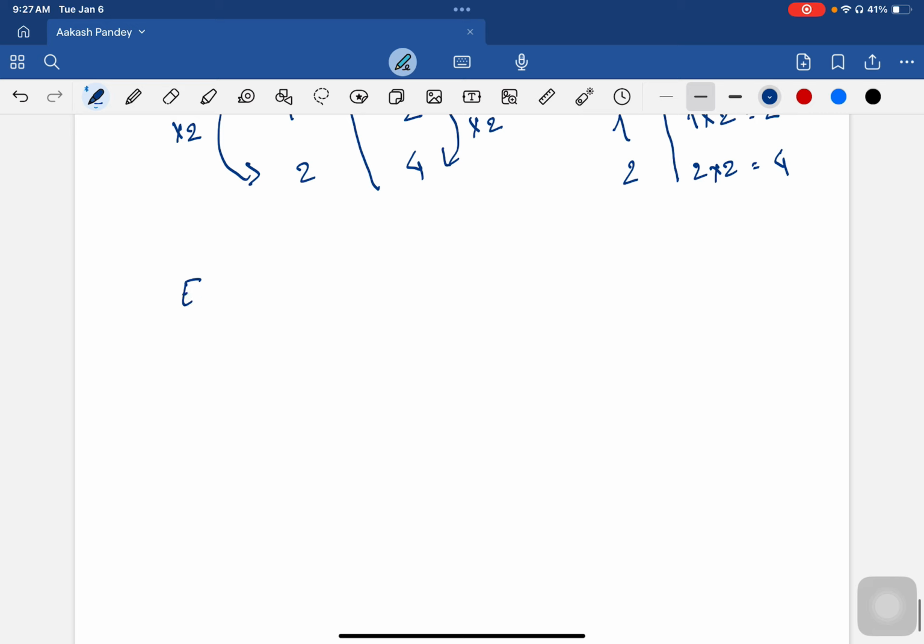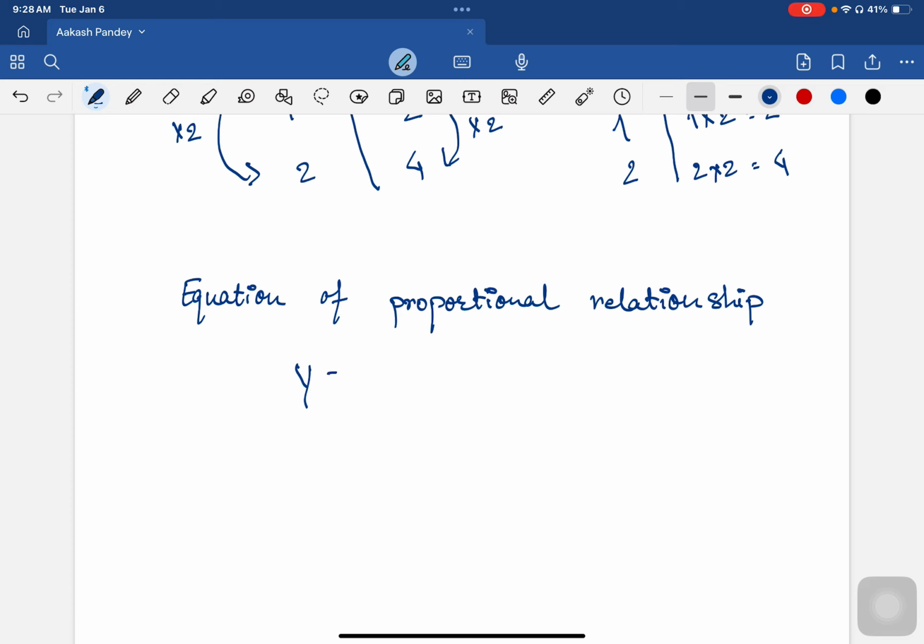The main aspect that you need to know when you're working with proportional relationship is this equation, the equation of proportional relationship, which is y equals kx. Now, what does y represent over here? Y represents the dependent variable.